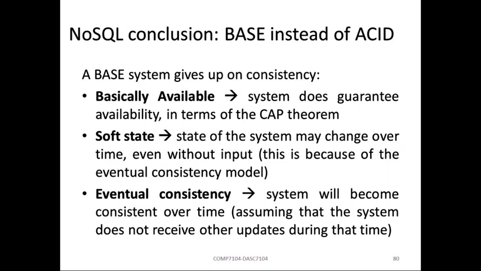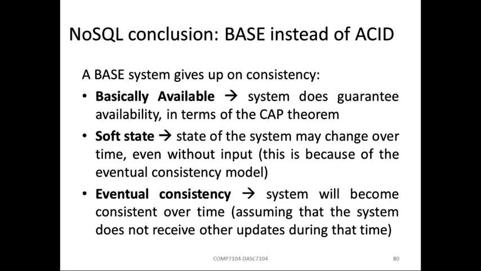Soft state means that the state of the system may change over time on its own, even without input, even without actions from users, requests for writing or reading and so on. And this may be because of the eventual consistency model, which means that replicas should converge at some point when the system is idle.